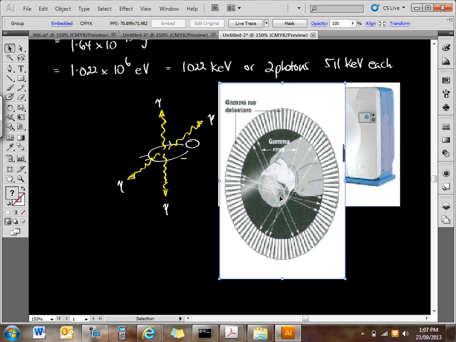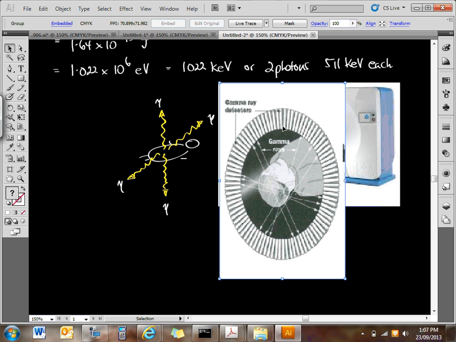Imagine that there's something of interest that metabolizes glucose in the person's head. It might be a cancer. As the emissions happen, for each emission this way, there's an emission in exactly the opposite direction.